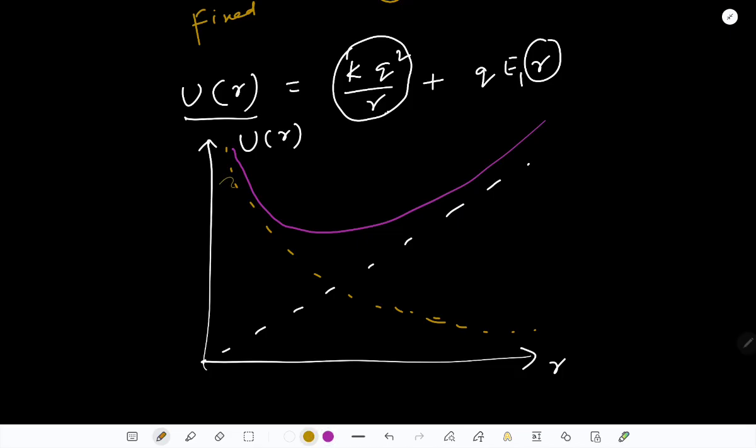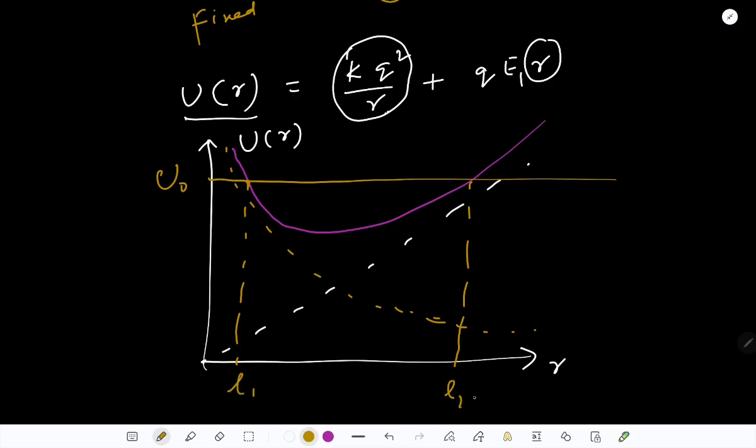And if the maximum potential energy is U naught, the charged particle is going to move between these 2 points. Call them L1 and L2, and there is a bottom somewhere here, the minimum, the local minima, and call this point L0. So the charge is bound to move between L1 and L2 because there is the maximum potential energy.